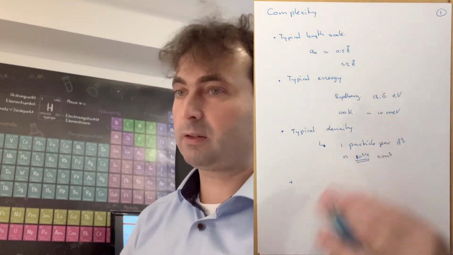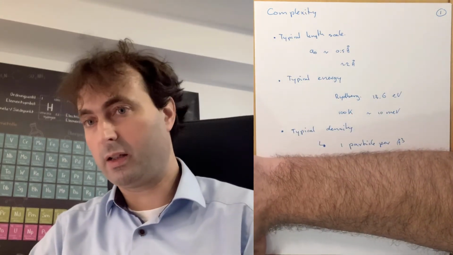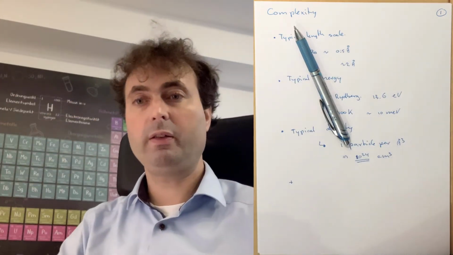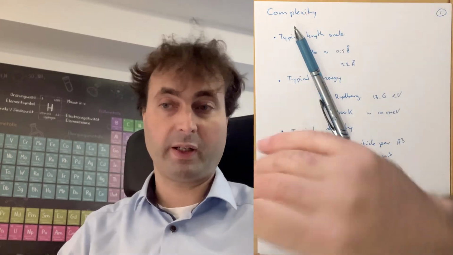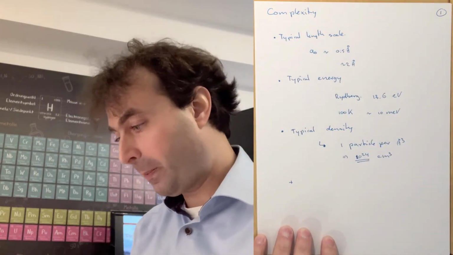If the electron would be free, a plane wave with momentum 0, then the kinetic energy would be 0. But now I want to bring it closer to my nucleus, and I can do this by making a wave packet or an orbital that is a linear combination of plane waves, and therefore you have kinetic energy to pay.